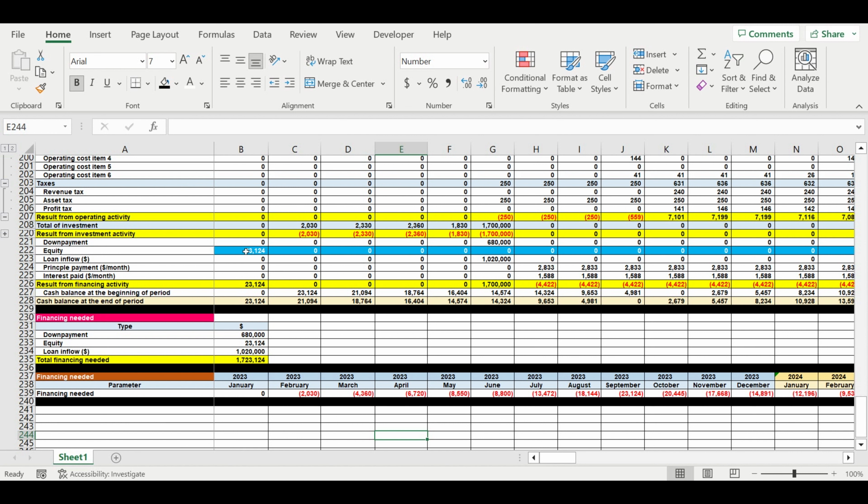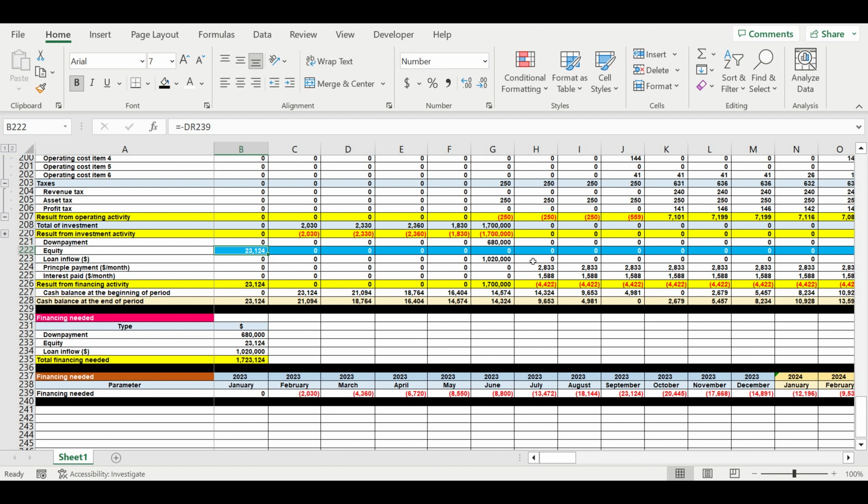So this is the first amount that we're going to look at, and the second is only the money that we invested, our own money that was invested in the project.